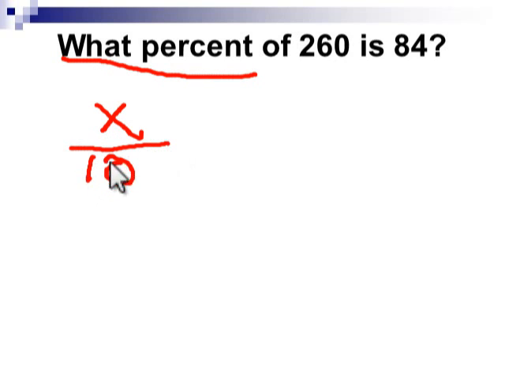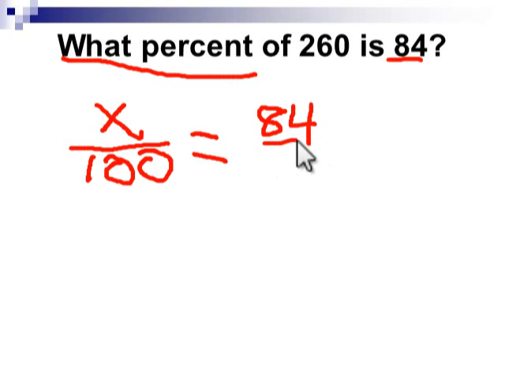You can use P or whatever your favorite letter is, out of 100. So what percent is the same as this part out of this 260. So 84 out of 260.